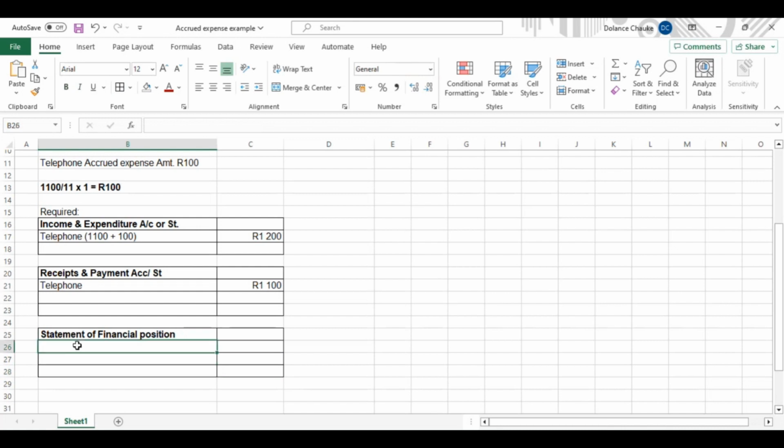Under the statement of financial position, you are going to record, and remember, the statement of financial position is categorized into three: assets, equity, and liabilities. So the accrued expense is going to be recorded under current liabilities.